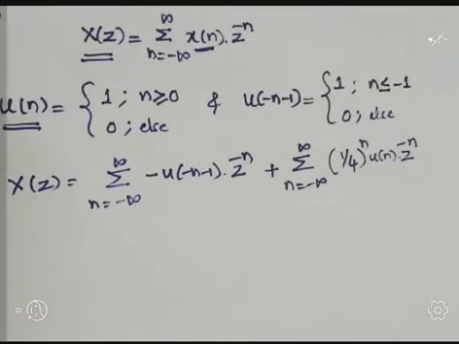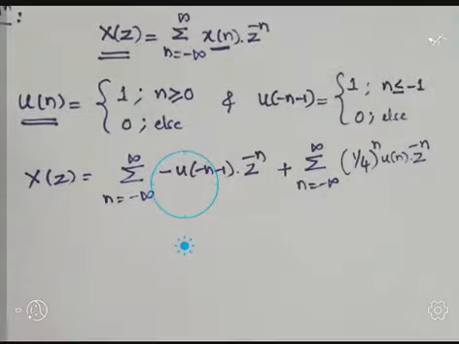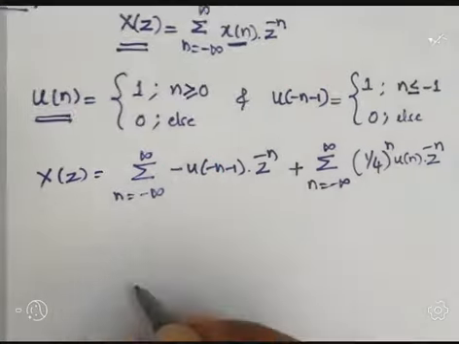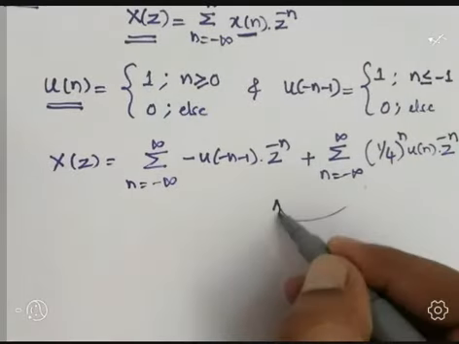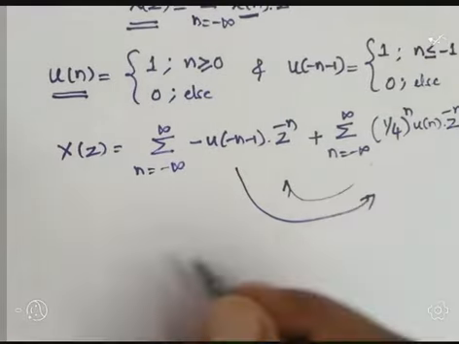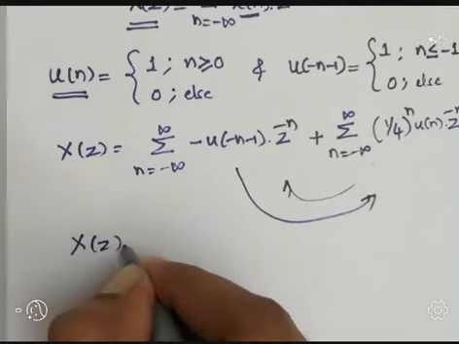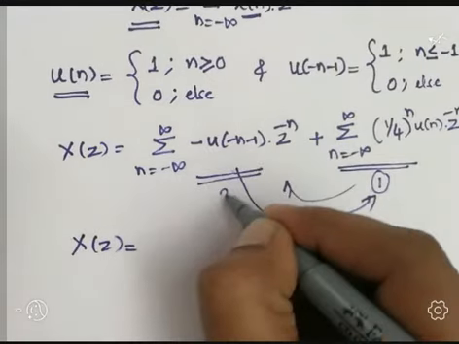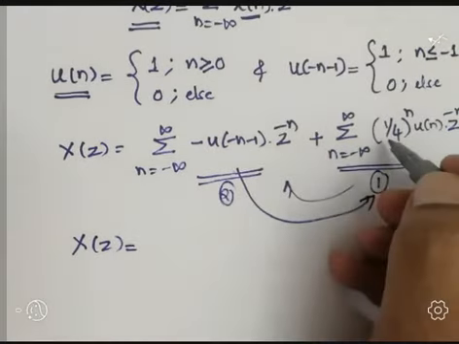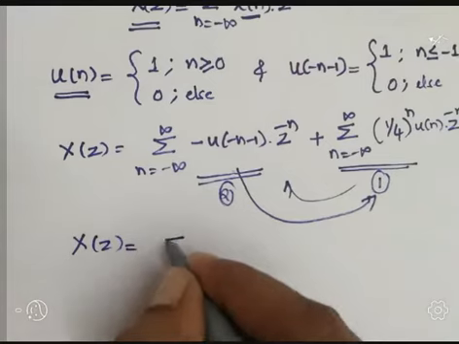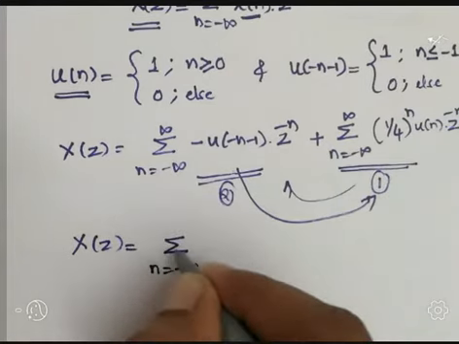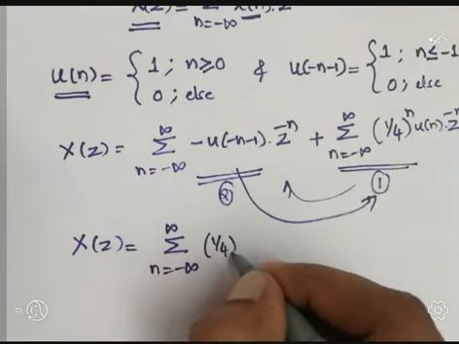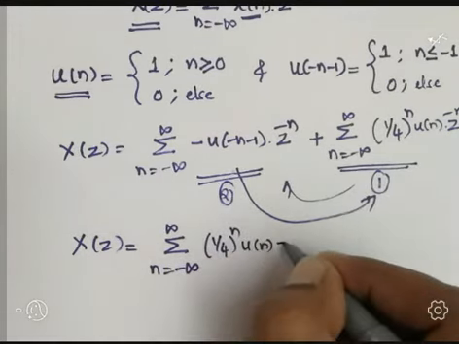Then go for simplification of this one. Here minus is there. I will take it outside. I will rearrange the terms. First I will write this one, next I will write this one. Hence x of Z is equal to, this part I will write first, this part I will write second, because one is a positive value and one is a negative value. That is summation n equal to minus infinity to plus infinity 1 by 4 to the power n u of n Z to the power minus n.